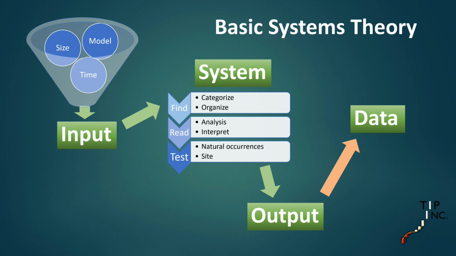And when you go to test it, that would be like the natural occurrences that are in your site. So once you input things into your system, you're going to get output, and this output is the data that you want. And as long as you set up your system and your testing in the right way, and we're going to cover that in week 5, then you should have 100% confidence in your data.